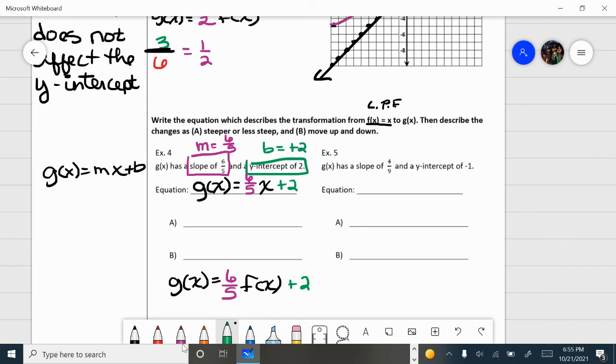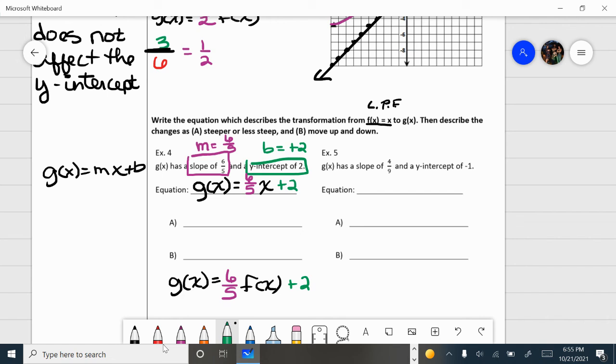Now at 6/5, we want to look and see, is 6/5 greater than 1 or is it less than 1? Just because it's a fraction does not automatically mean it's less than 1. Anytime the number on top is bigger, you'll recall that is an improper fraction. That means that the bottom number can divide into the top number at least one time completely. So that means that it is greater than 1.